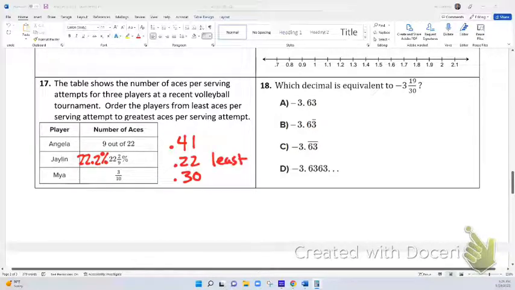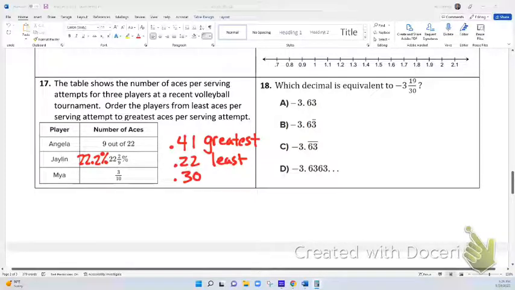This person got the least number of aces, whereas the person who got the most was Angela, and this person got the greatest number of aces. Okay? Which means that Maya ended up getting not the least, not the most. So she got right in the middle.